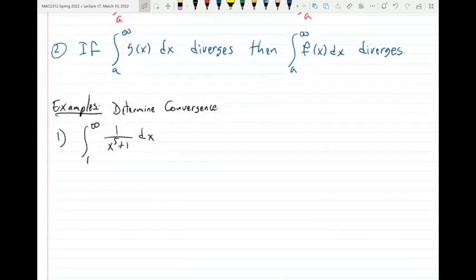Okay, this one. Let's see, what do you think the answer should be? What are you expecting? Are you expecting this to converge or diverge? When you see this, what comes to your mind? Well, a p integral. Look, we're going to infinity anyway, right?